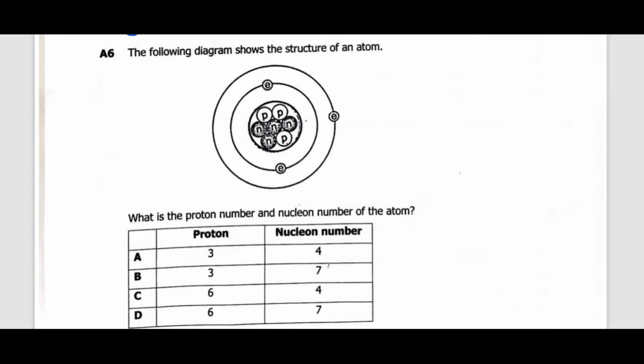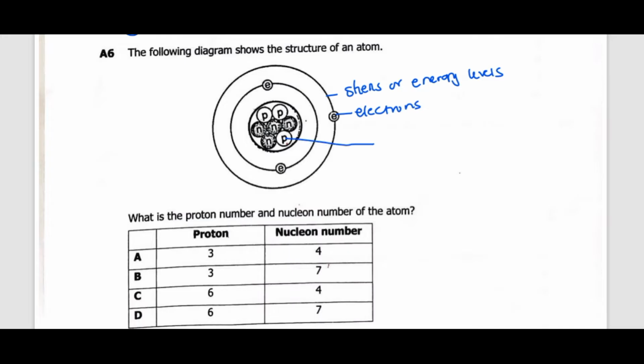The following diagram shows the structure of an atom. So we have this structure here. We have the electrons. We know that the electrons are found in the shells. Then these are shells, or sometimes they are also known as energy levels, because each shell has a specific energy that it has.